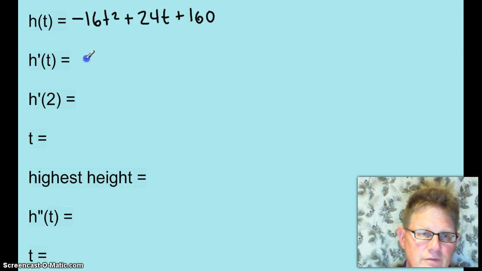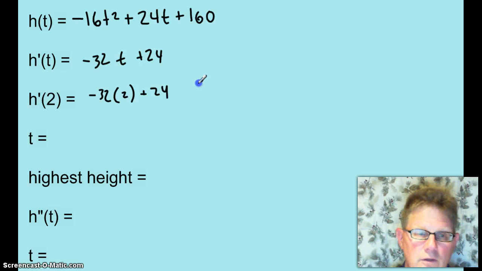Take the derivative of that: negative 32t plus 24. And then what is the height after 2 seconds? Sorry, what is the speed or the velocity after 2 seconds? Negative 32 times 2 plus 24. The velocity at 2 seconds is negative 40 feet per second.